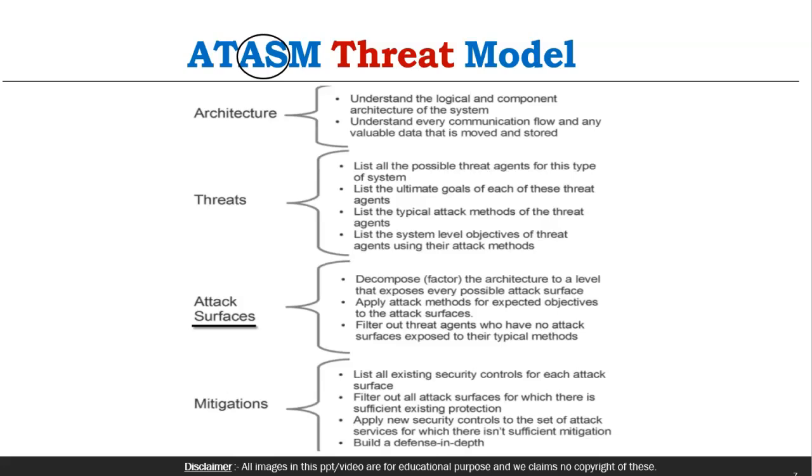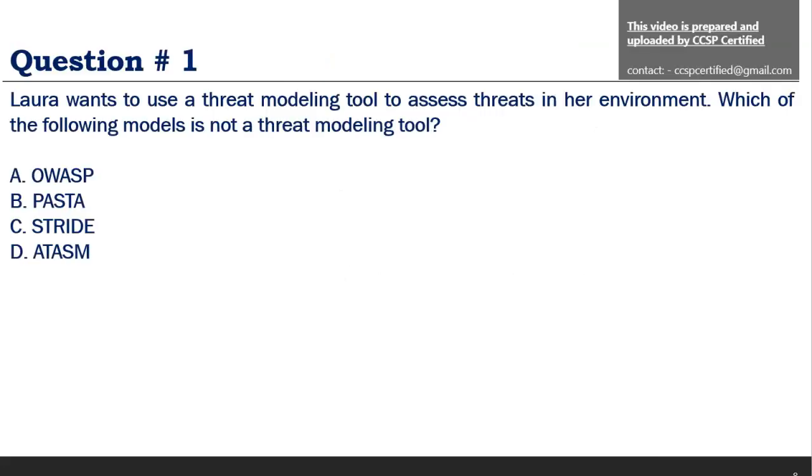We already saw 5 questions in the last lecture, but we'll see 5 new questions here. What type of questions can be asked, or are being asked, on this topic in the exam? The first one: Laura wants to use a threat modeling tool to assess the threats in her environment. Which of the following models is not a threat modeling tool?